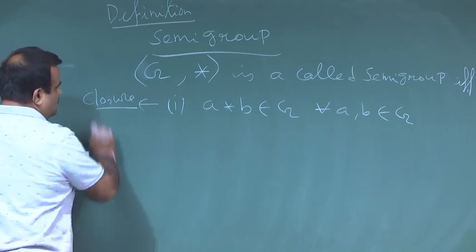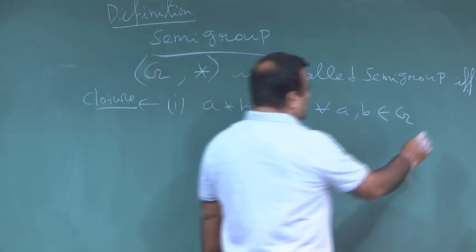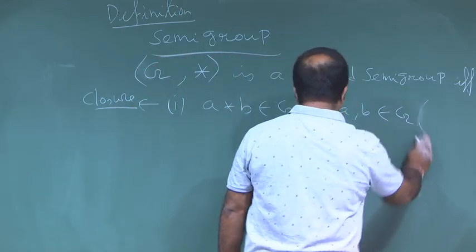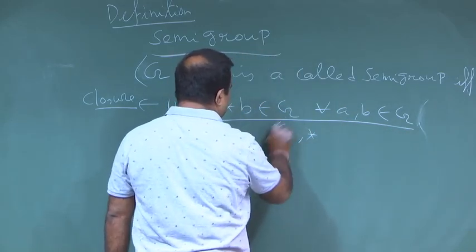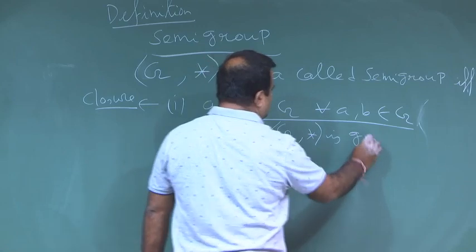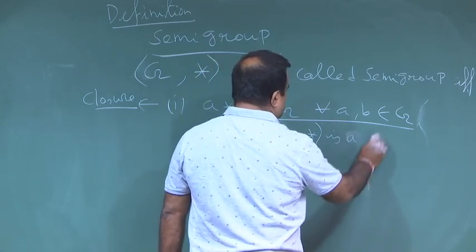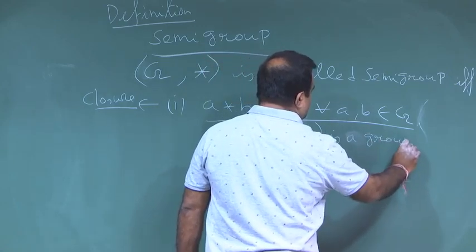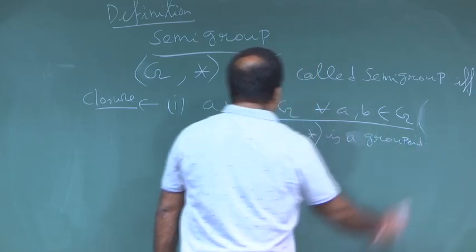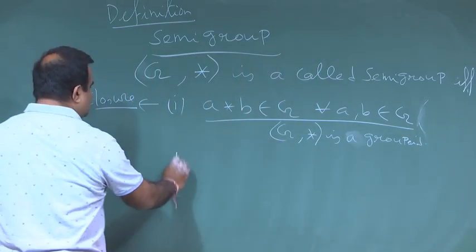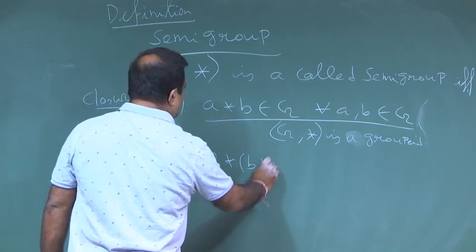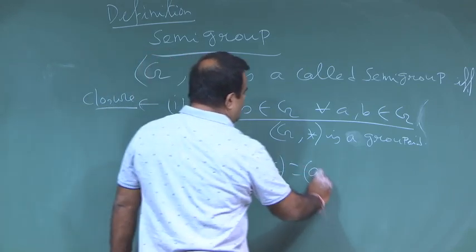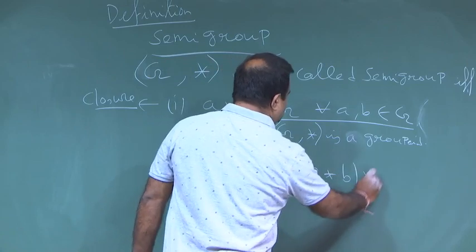And this is basically telling us the property for a groupoid. So, this must be a groupoid, along with the associativity property. So, (A star B) star C is equal to A star (B star C).